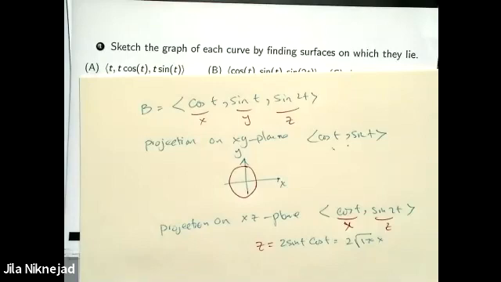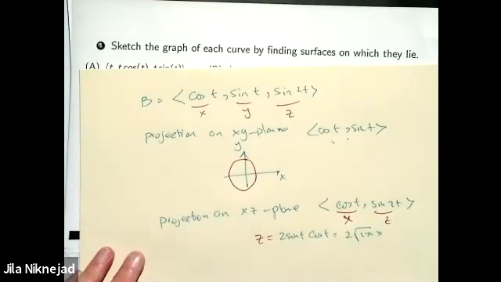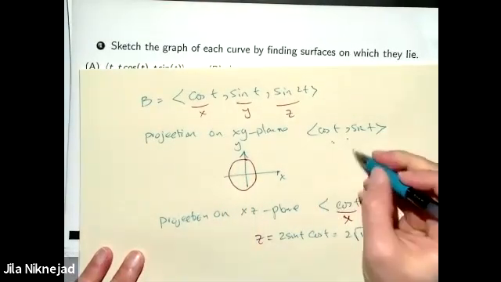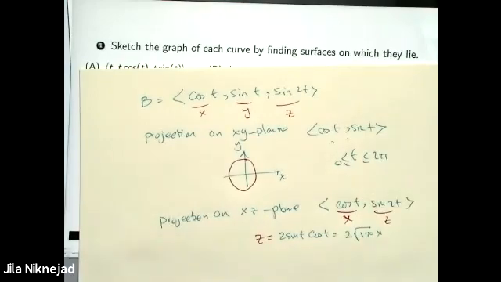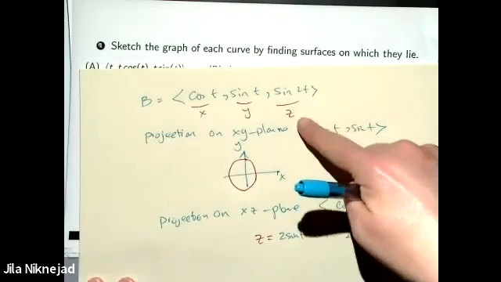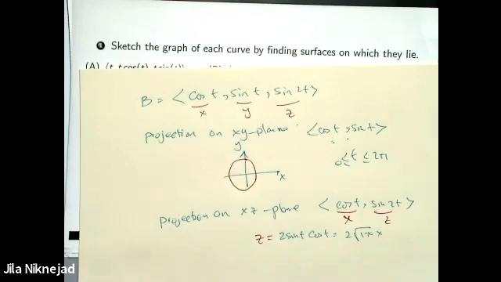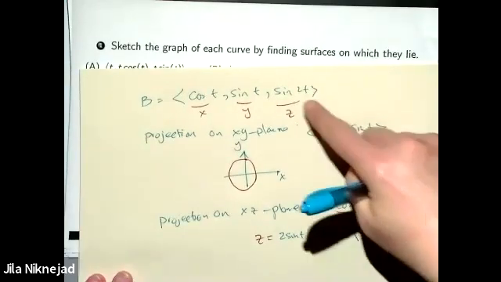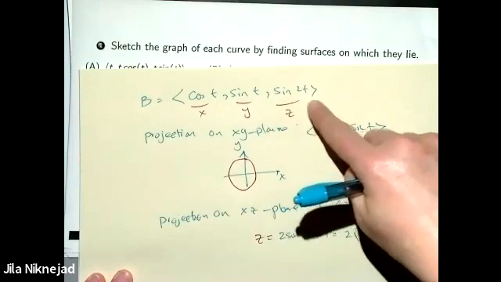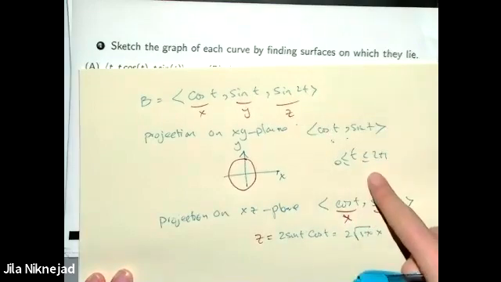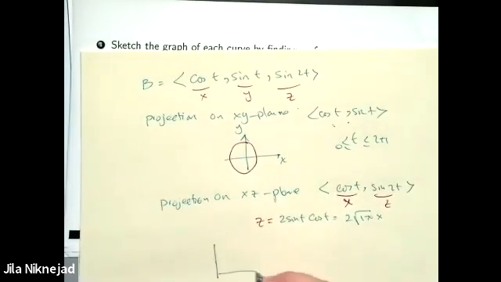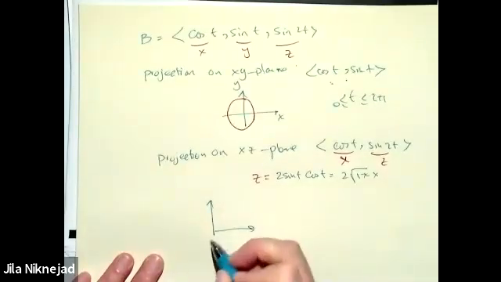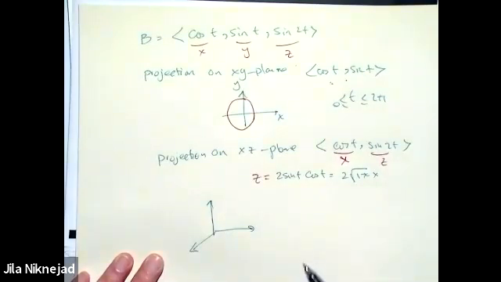But I can notice that every time t goes between 0 and 2 pi, z should go 2 periods, right? z is sine of 2t. So that may actually help me more than the projection sometimes. And that's one of those situations.